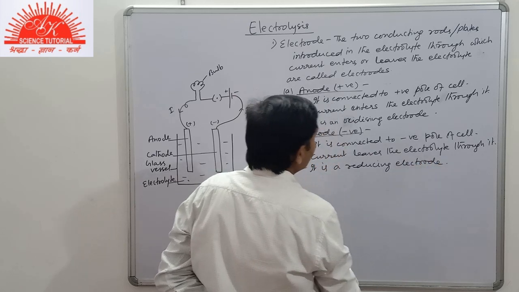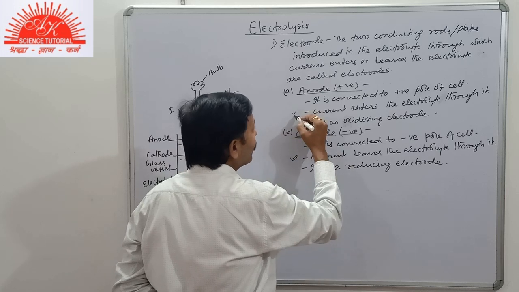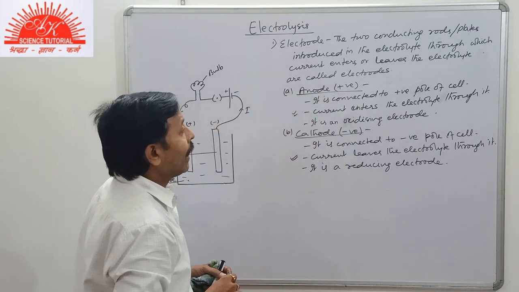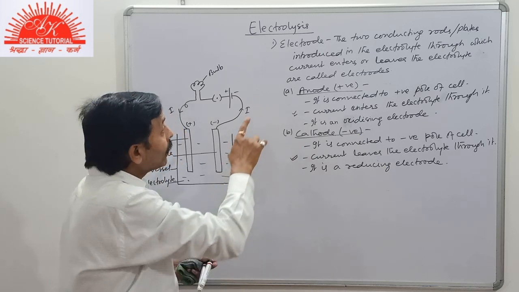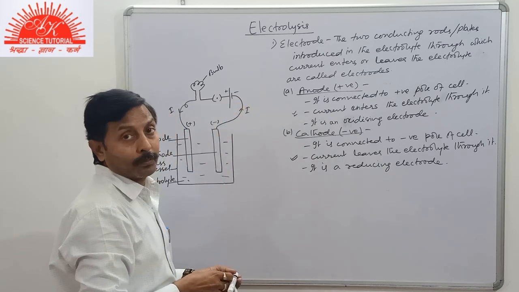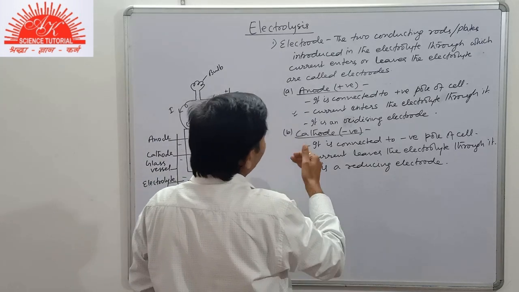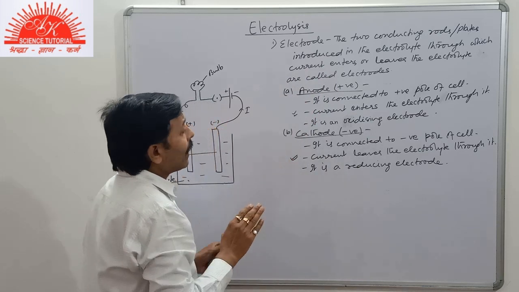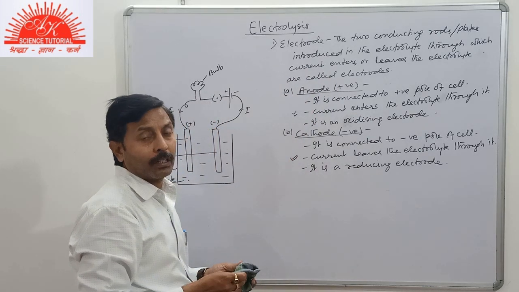So some points should be remembered here. That is, the current enters through anode and current leaves through the cathode. So this is the electrode. Now here we can further write that cations are discharged at cathode, anions are discharged at anode.